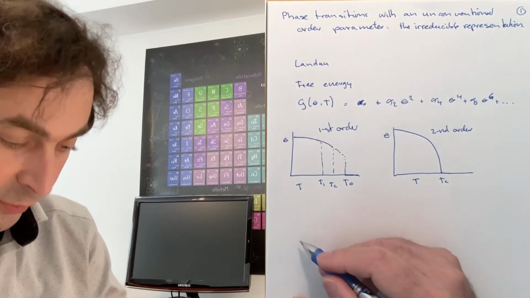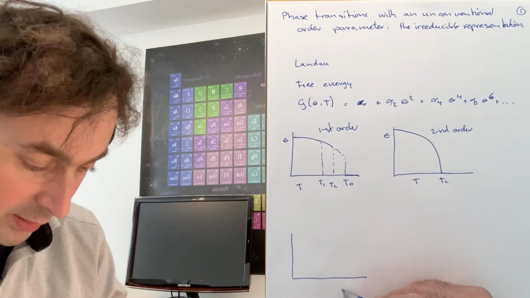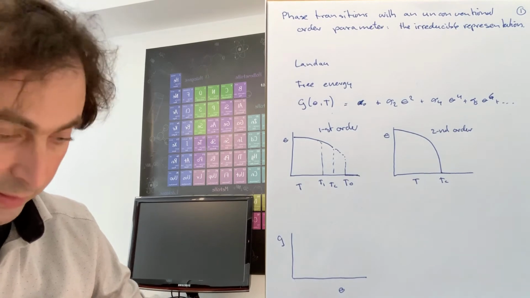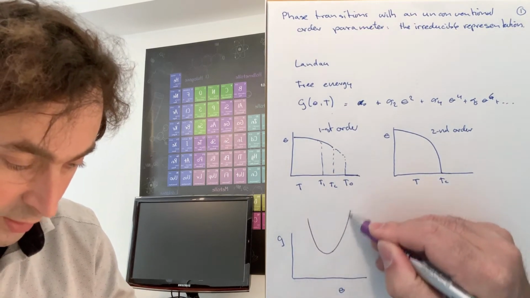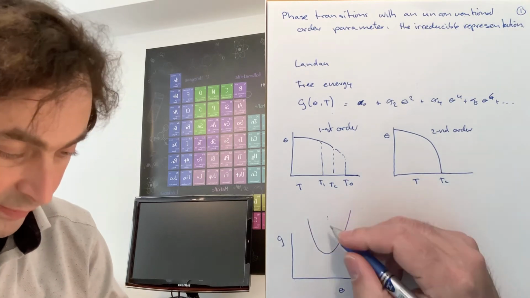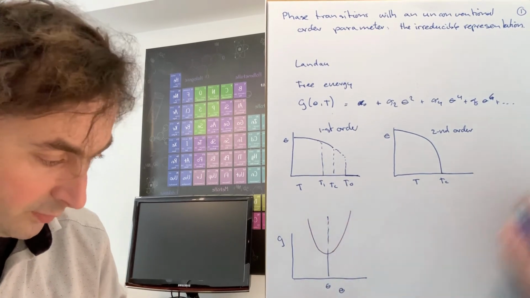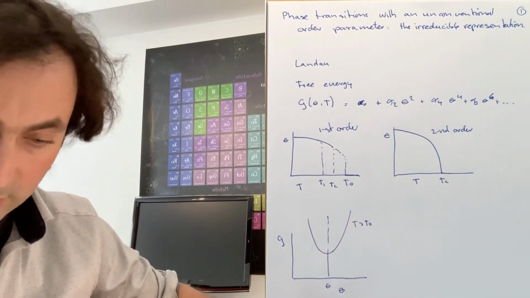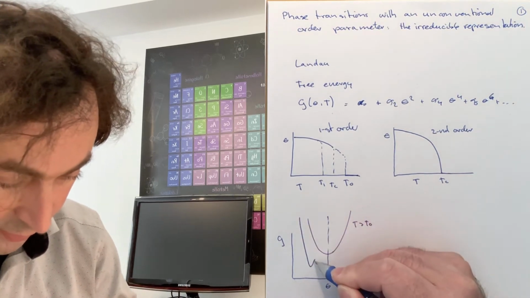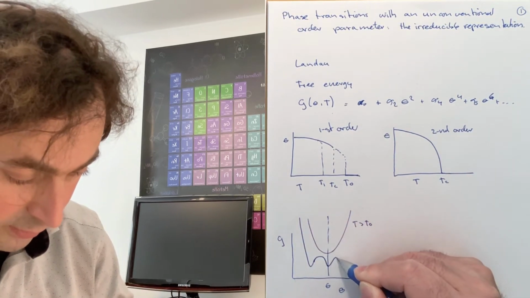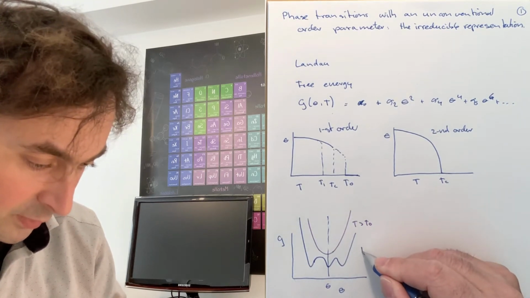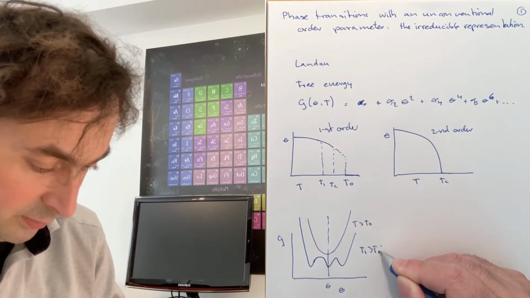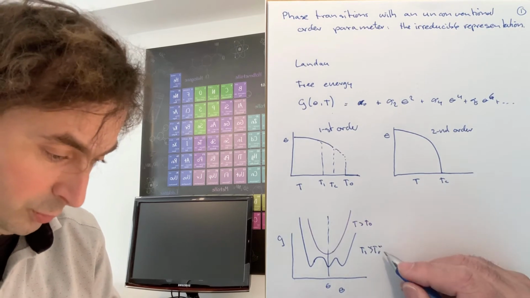Now if you look at the free energy as a function of your order parameter, then at high temperatures for first order phase transitions, this has its minimum at theta equal to 0 for T larger than T0. Then at intermediate temperatures we have 3 minima, when T is larger than T1 but smaller than T0.